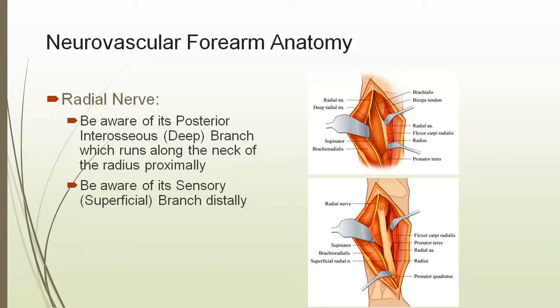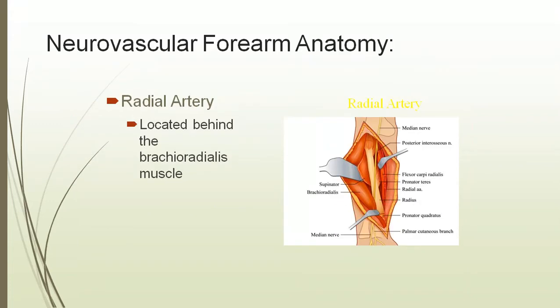We must be aware of the sensory branch also, that is the superficial branch. Then the radial artery, which is located behind the brachioradialis muscle in the forearm, also passes through the anterior aspect of the forearm as well as the wrist.